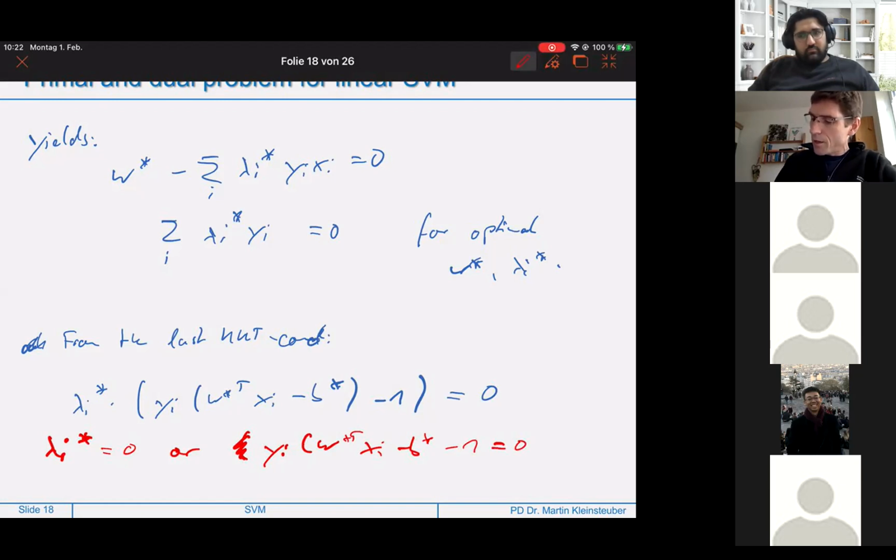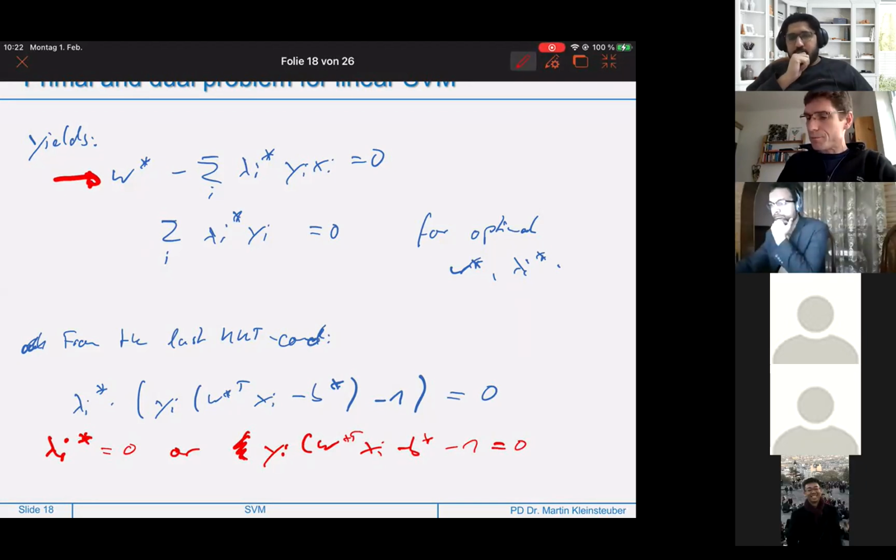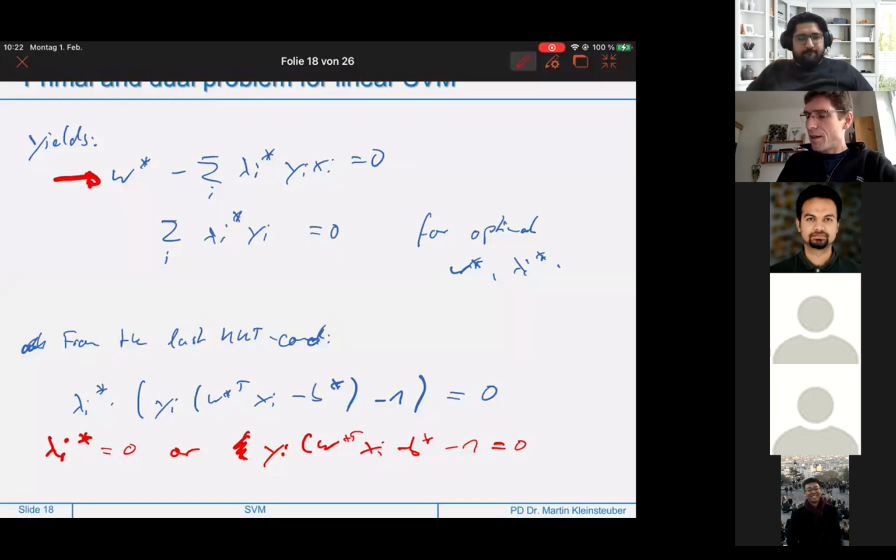Right? And now if we look at this equation here, we see that our optimal W star is a linear combination of all the xi, right, where the lambda I does not play a role where the lambda I is 0. Right, so most of the summands here are 0, namely exactly at the points where this condition is not fulfilled, right?